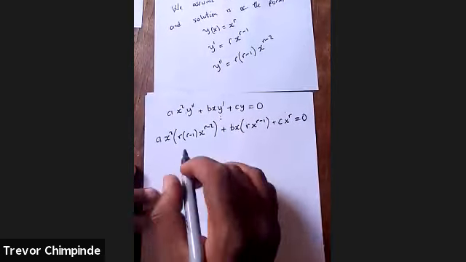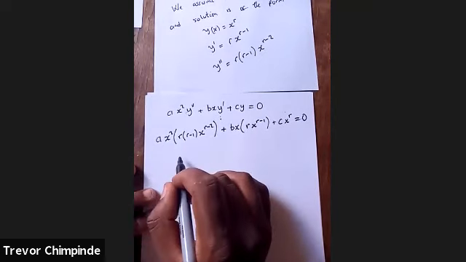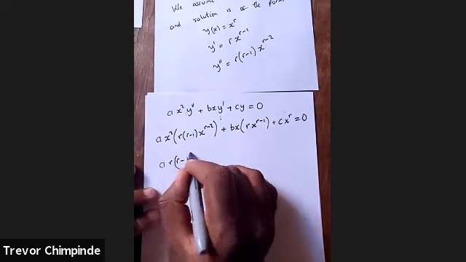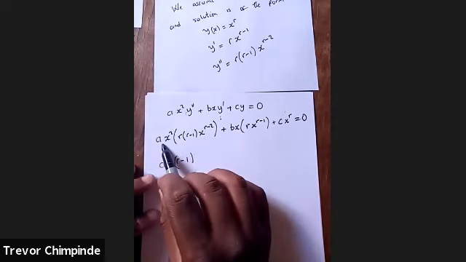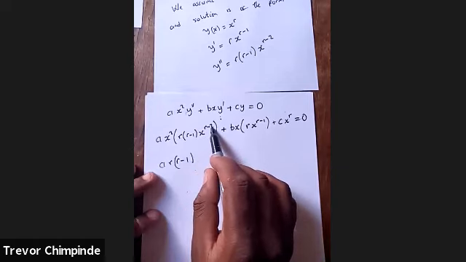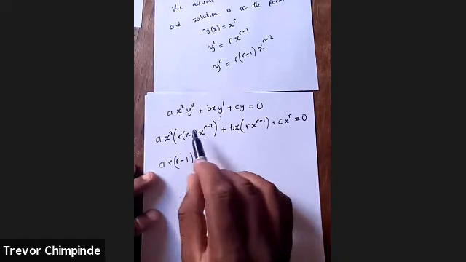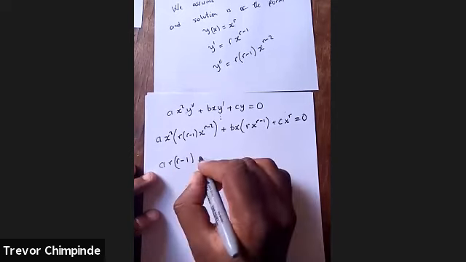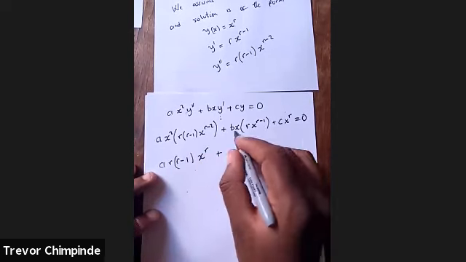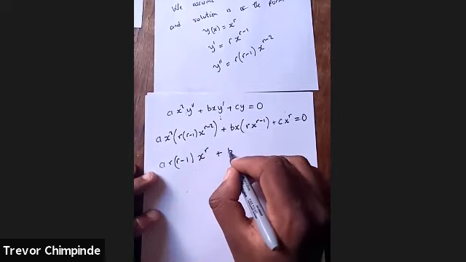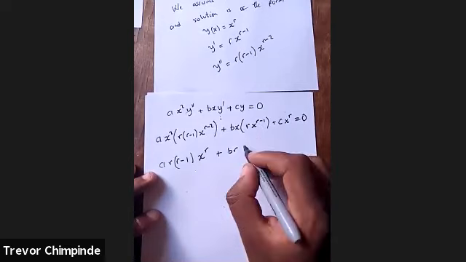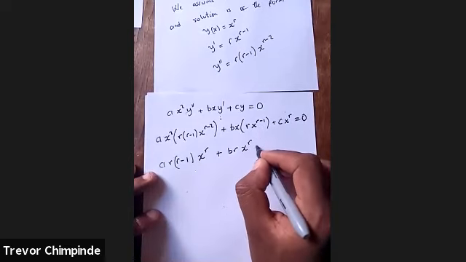We can remove the brackets, so multiplying this out, what do we get? We have a r minus 1. Here you've got two exponents, x to the 2 and x to the r minus 2. Same base, so you can add the exponents, and it's going to give you x to the r. We do the same for this one, so the coefficient is b r. Multiplying x by x to the r minus 1, we get x to the r.